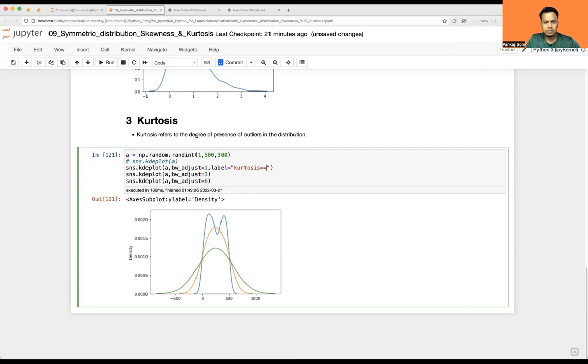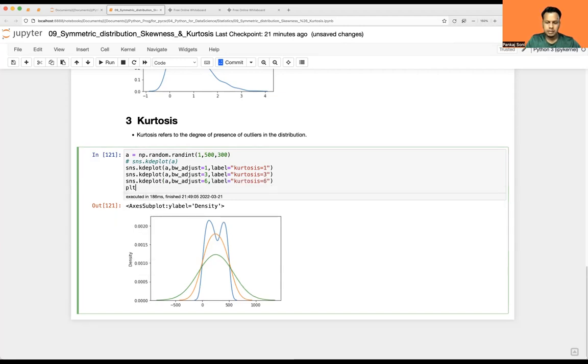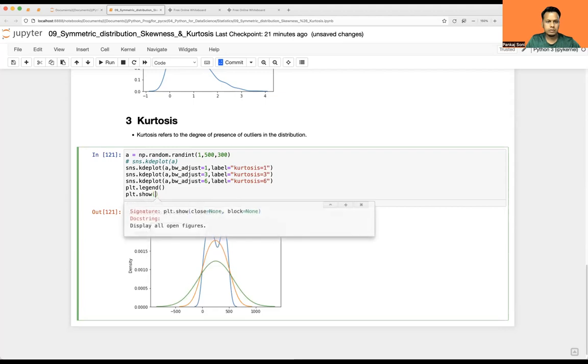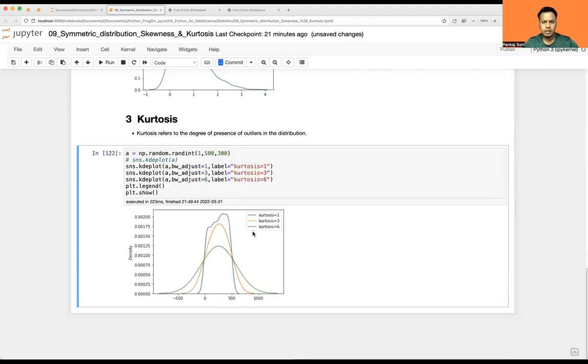Kurtosis equal to, let's say here it is 1, and here it is 3, and here it is 6. plt.legend, plt.show. Okay, so you see here.